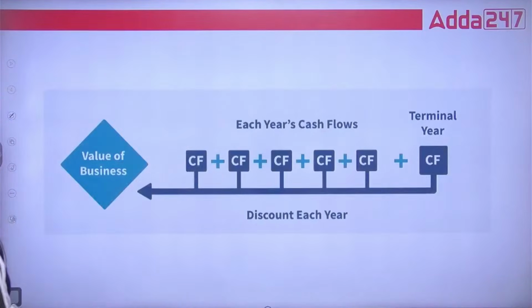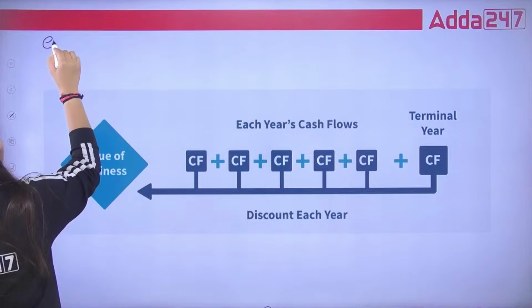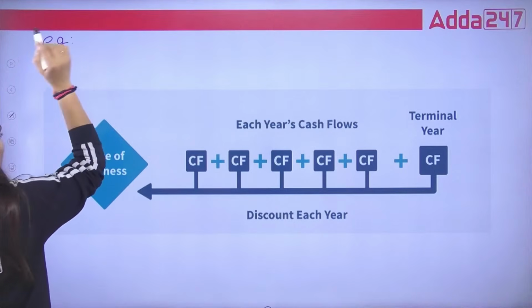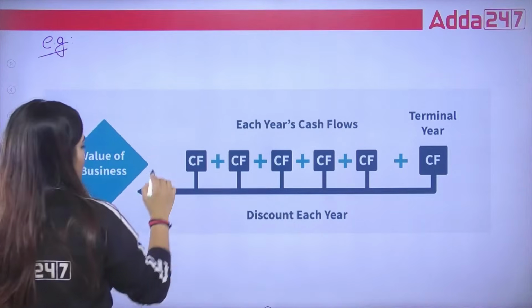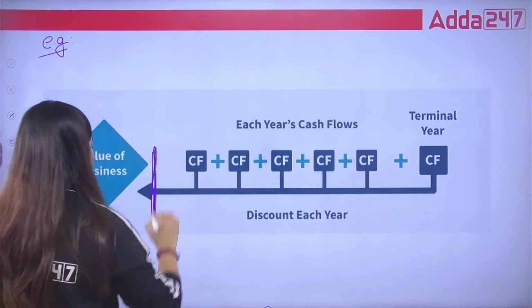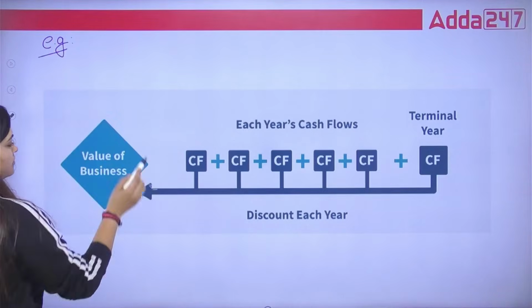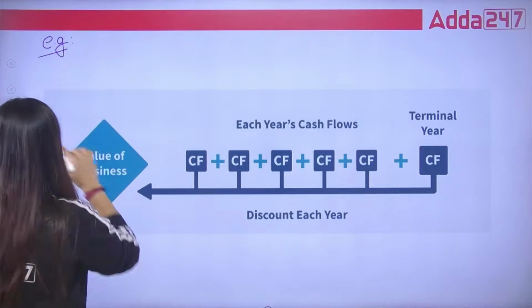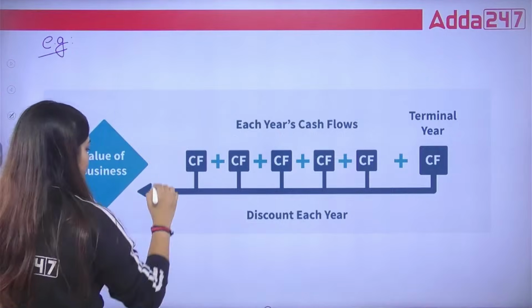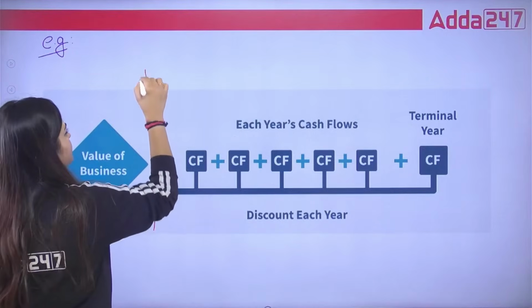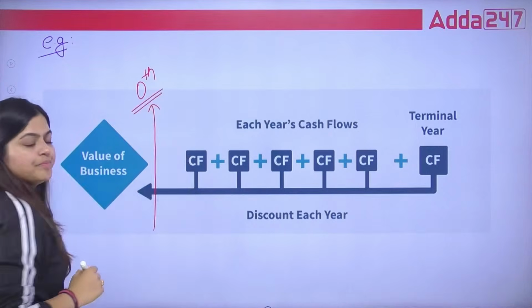So now if I take one example and if I discuss this discounted cash flow, means if this is a 0 time period. Okay, this is your 0th time period. Correct?